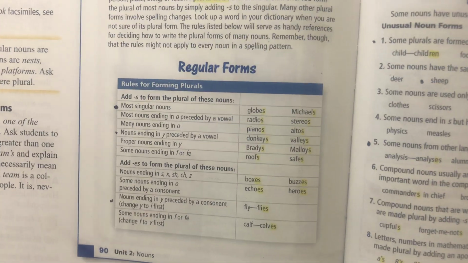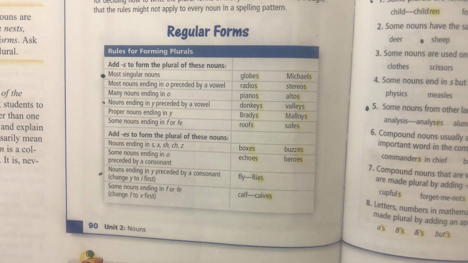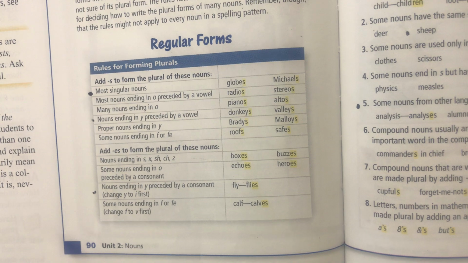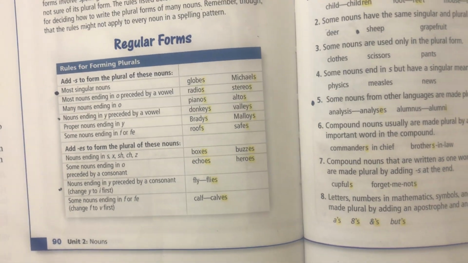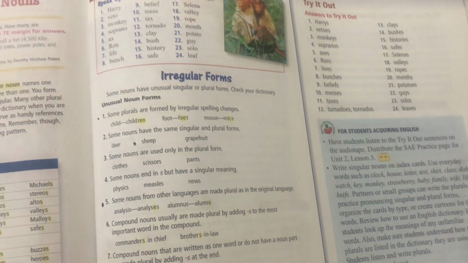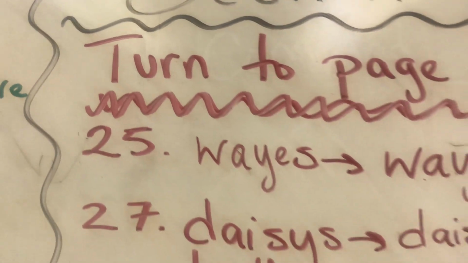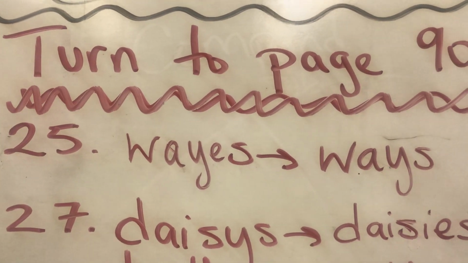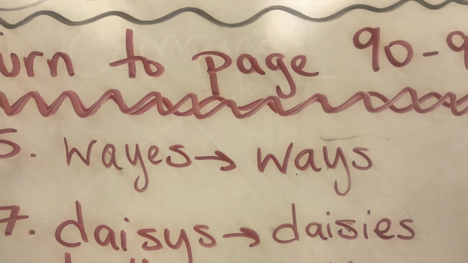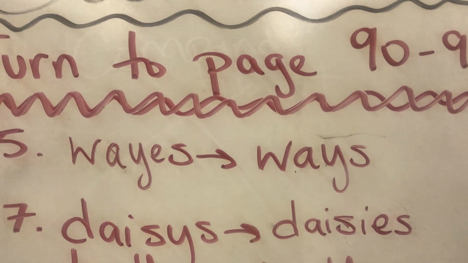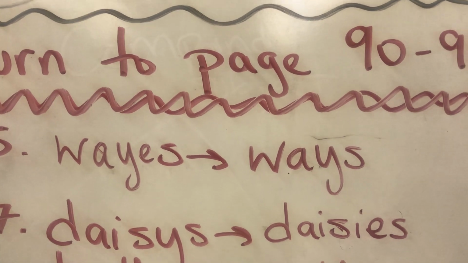Okay, so it would be nouns ending in Y preceded by a consonant. So you change the Y to I first, and then you're going to add ES. So when it comes to daisies, that's what they have in the book, that first example, but you want to change it into D-A-I-S-I because the I replaces the Y, and then you want to add ES.